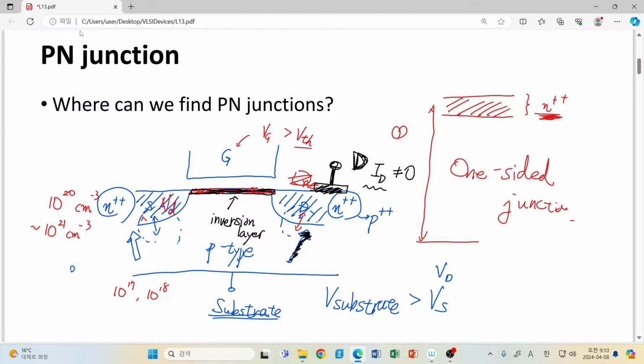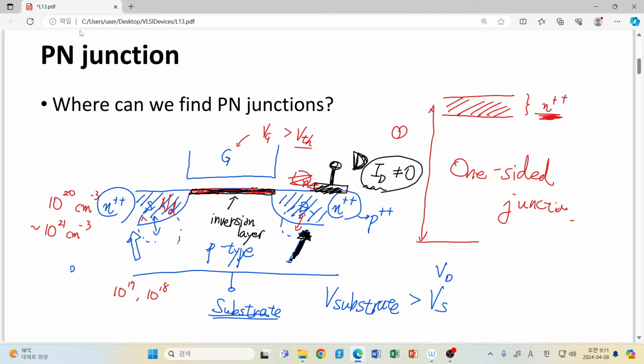All other current paths should be eliminated, and this is one of the most serious conduction paths, a leakage path in our transistor. So we want to eliminate it.